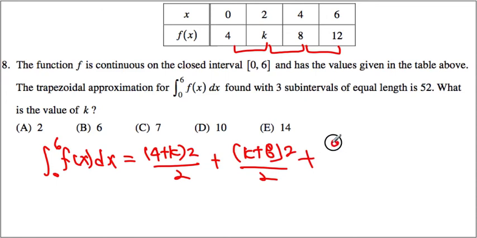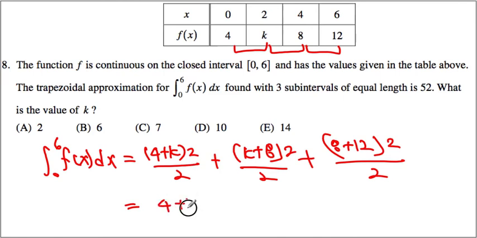Now the next will be 8 plus 12 times the height, which is 2, divided by 2. So therefore we end up having 4 plus k plus 8 plus 8 plus 12 has to be equal to 52.